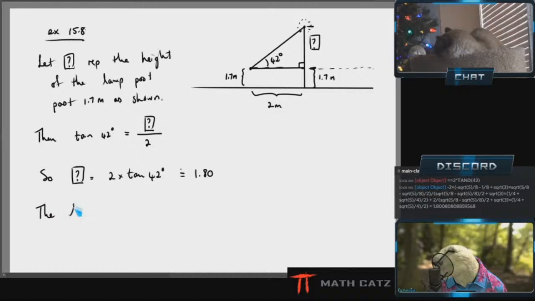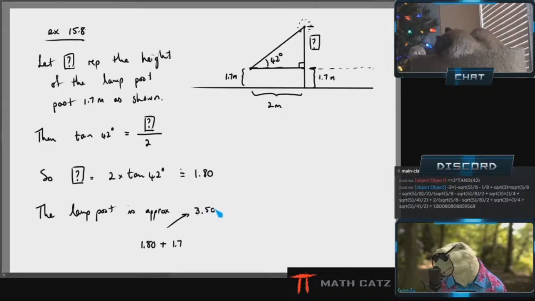Now in this case, that's not my final answer. The lamp post is this answer, 1.80 rounded, plus the 1.7 that it was raised up, right? So let's say here approximately, because that helps the reader be aware that I understand that this is a rounded number.